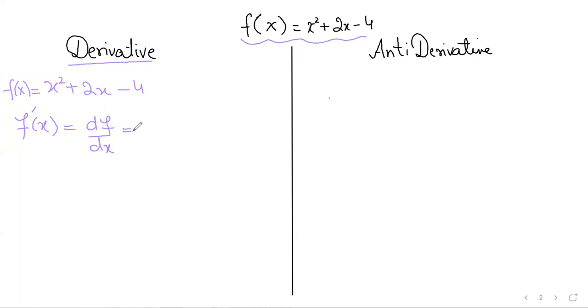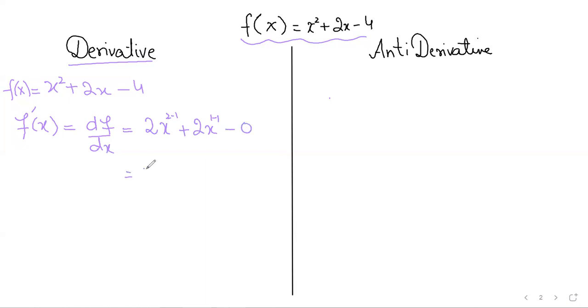Both mean the same. Now, because I'm taking the derivative, according to the property of the derivative, if there is anything in the power, I have to bring it down with the variable, and then subtract 1 from that power. Similarly with the other term, 2x: if there is nothing in the power, I assume it is 1, so I subtract 1 from it, and the derivative of a constant is 0.